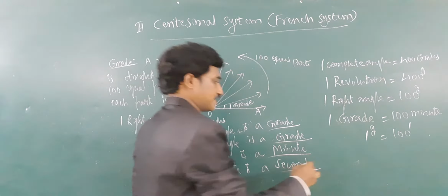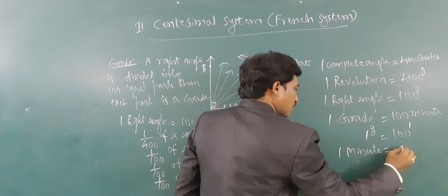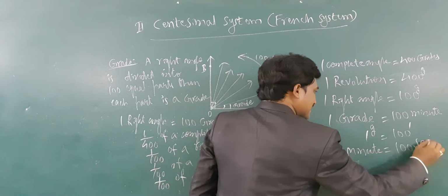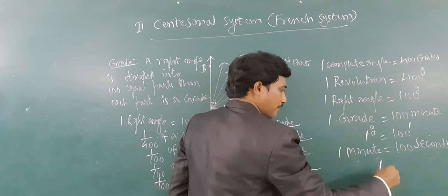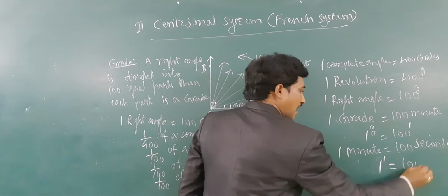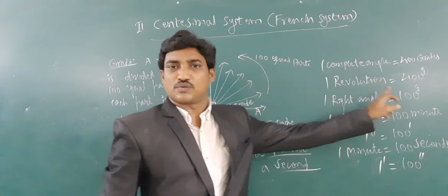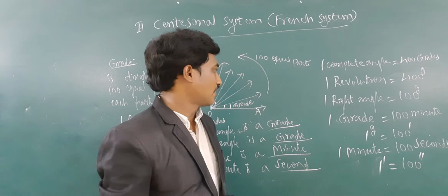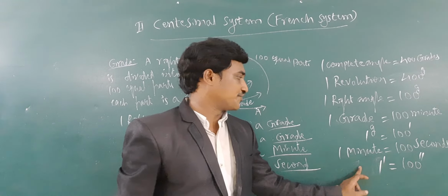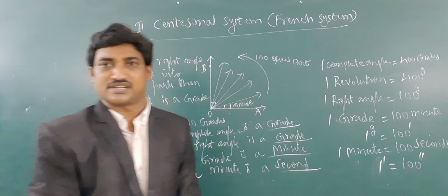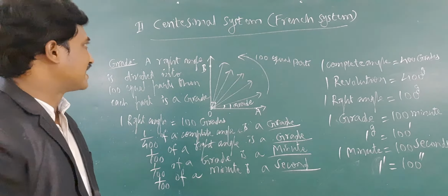In centesimal system, 1 minute is equal to 100 seconds. One right angle is equal to 100 grades. 1 grade is equal to 100 minutes. 1 minute is equal to 100 seconds in centesimal system. It is about centesimal system.